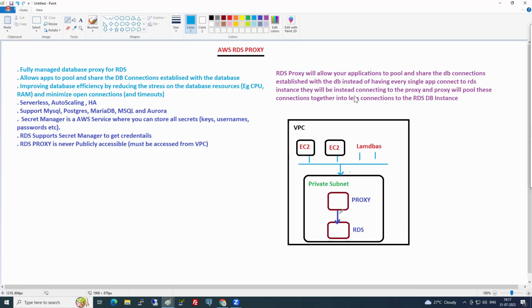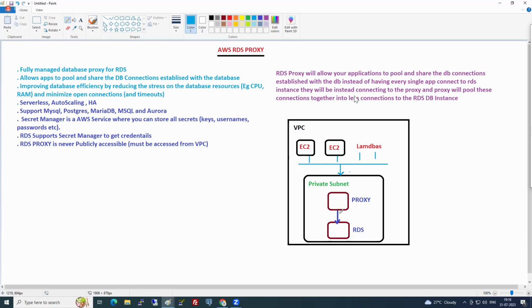Yes, correct, Arpita. Okay, as I gave this extra topic, let's take the practicals tomorrow. What are the topics we discussed today? Mainly three topics: read replicas, multi-AZ, proxy.